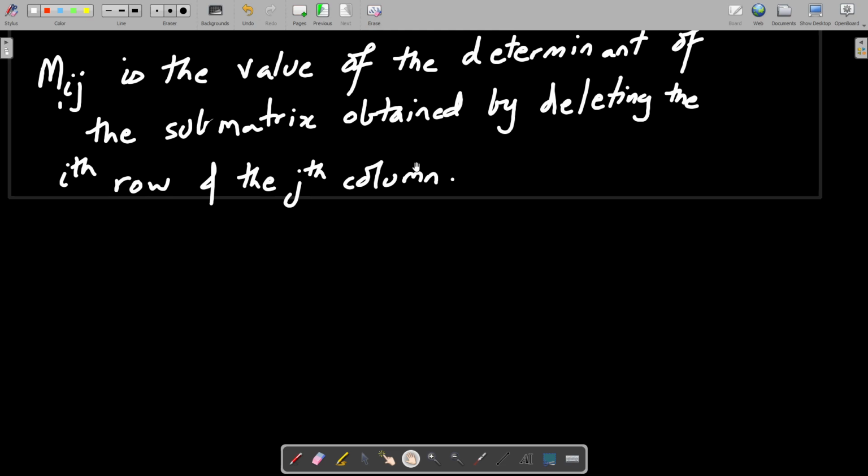Okay, write fast. So now let us start with calculating. What is going to be M11? You're going to delete the first row and first column from the matrix, right?